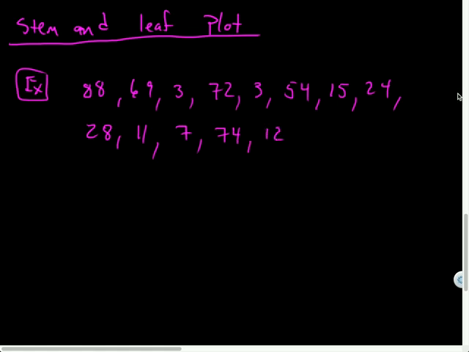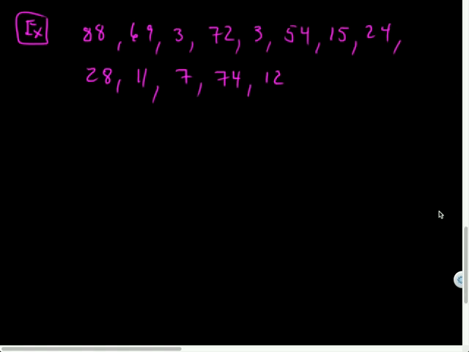All right, so here's a list of numbers. What I'm going to do is put these in a stem and leaf plot. I'm going to have on one side of the line some of the digits represented. I could have the digit be both the tens and the hundreds, or just the tens. I could divvy it up in all sorts of different ways.